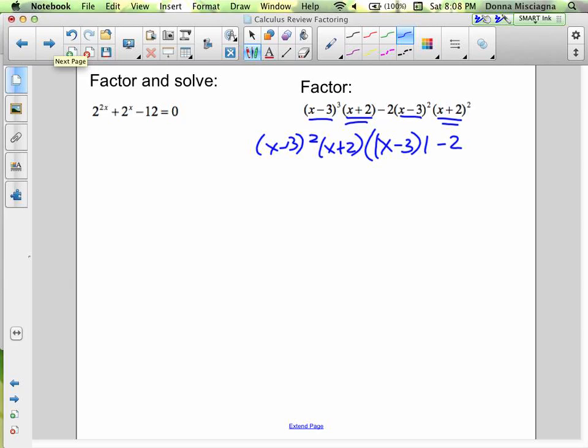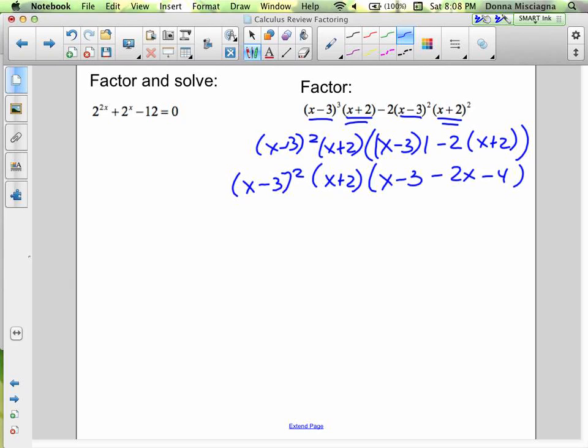And then x plus 2 squared divided by x plus 2 is going to be x plus 2. So if we combine our like terms, x minus 3 squared times x plus 2 times, I don't need that 1, x minus 3, I'm going to distribute the negative 2 at the same time, minus 2x minus 4, and then we'll combine the like terms.